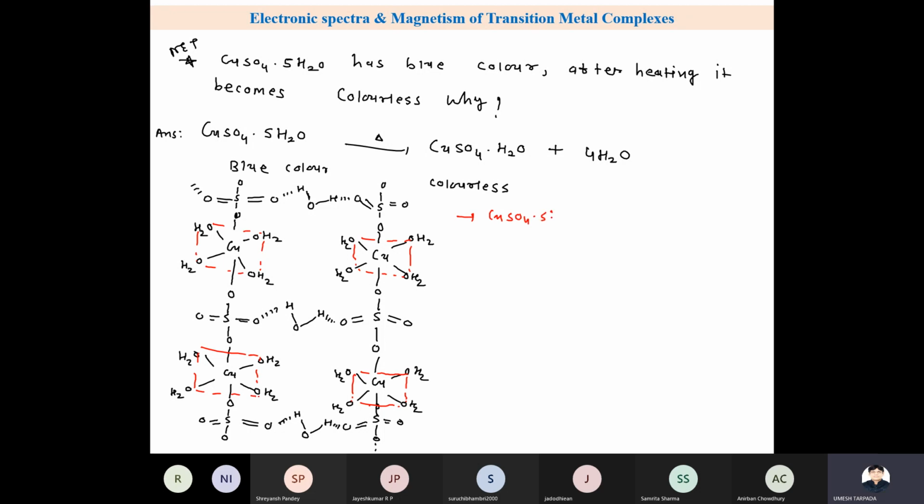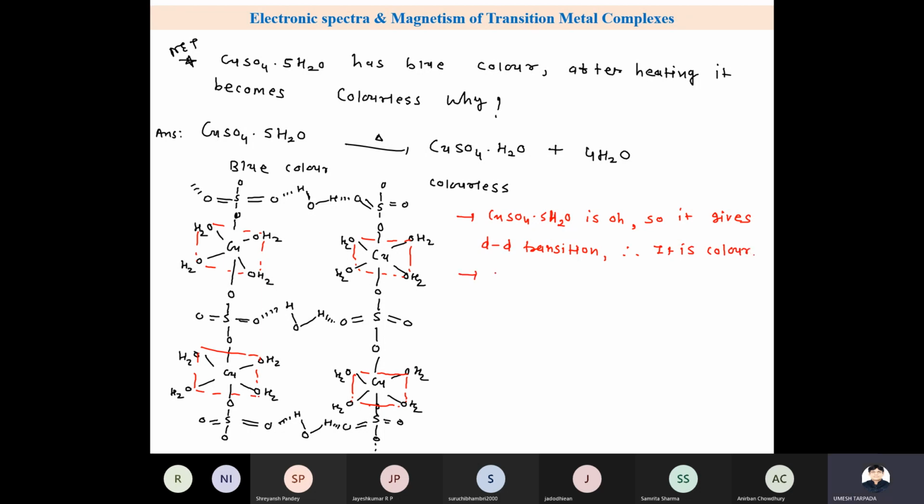CuSO4·5H2O is an octahedral. So it splits, it gives dd transition, and therefore it is colored.